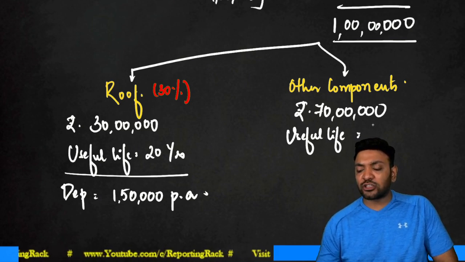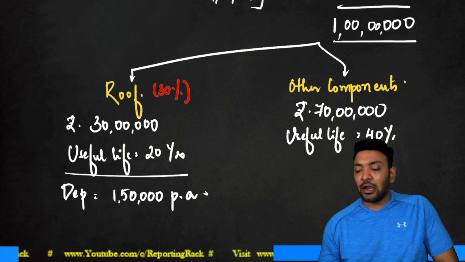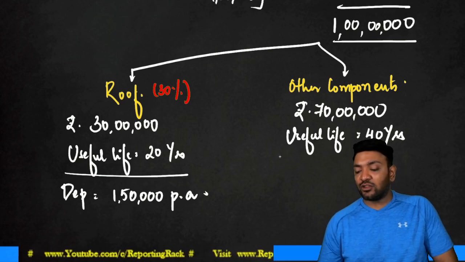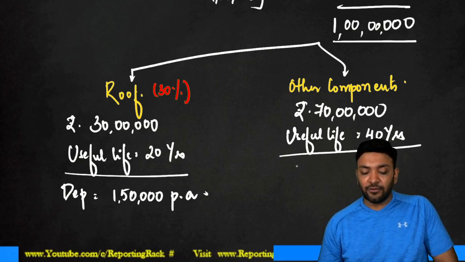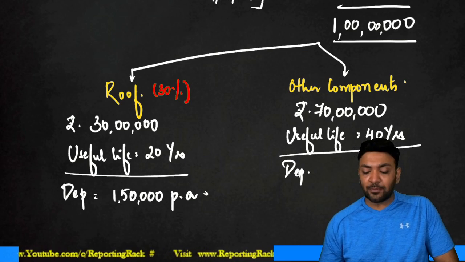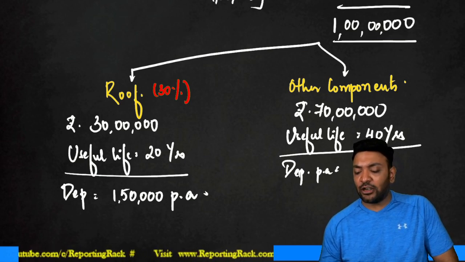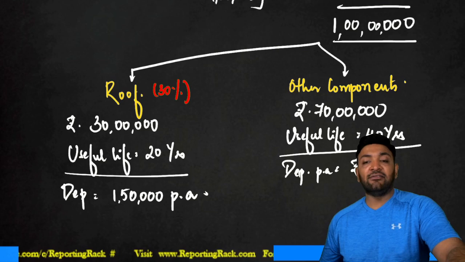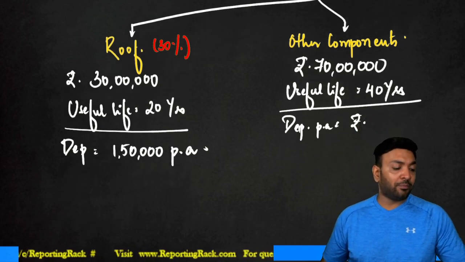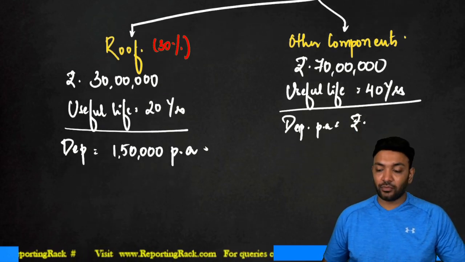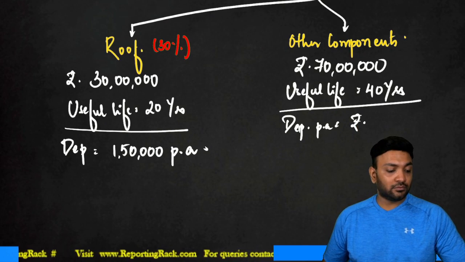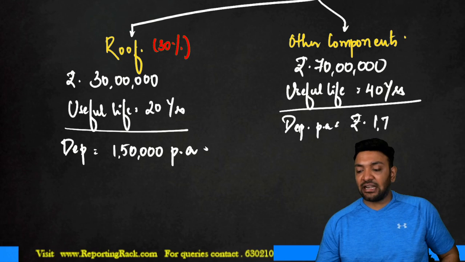Only your roof is 20 years. All other components related to the shed are 40 years. Therefore, depreciation per annum is 70 divided by 40, which is 1,75,000.